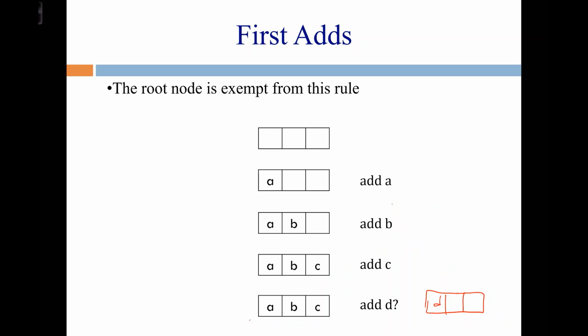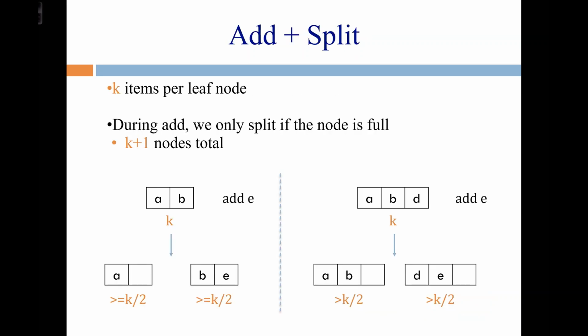So what we have to do is redistribute A, B, C, and D into these two nodes such that both of them remain greater than or equal to 50% full after the redistribution. So let's see how that looks. I have two cases here. One where K, the max capacity, is an even number, 2, and one where it's an odd number, 3.